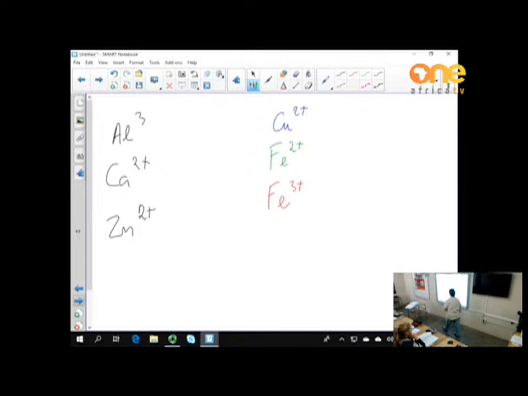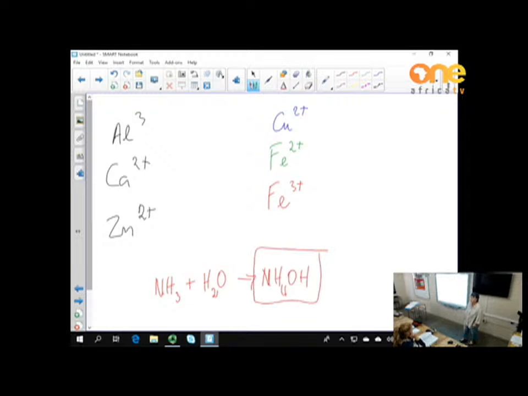Now, ammonia solution, ammonia, if I dissolve it in water, it forms ammonium hydroxide. So the reagent that we are going to be testing with is actually ammonium hydroxide. It's a hydroxide. Okay, so if I add a couple of drops of ammonium hydroxide, what will I get by copper?